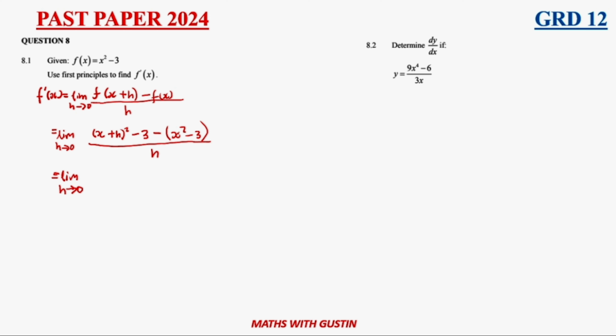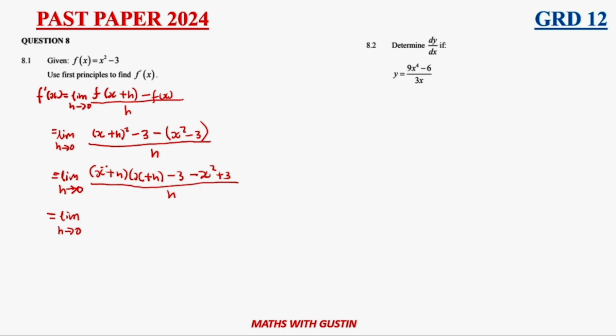Okay, so now moving right along, let's simplify this one here. Remove the bracket. This one is going to give us x plus h, and then x plus h as well, minus 3 minus x squared plus 3. Therefore, you divide everything by h. It's equal to the limit as h approaches 0.